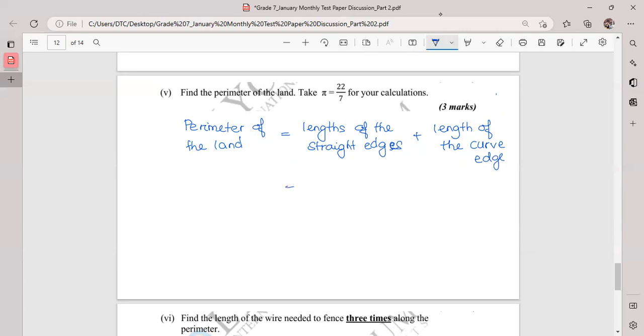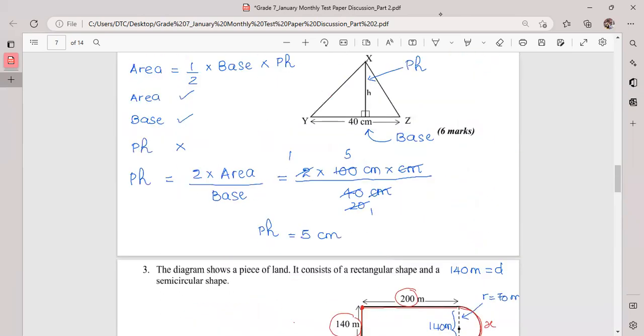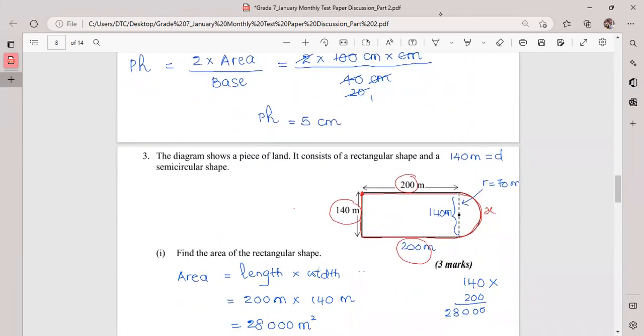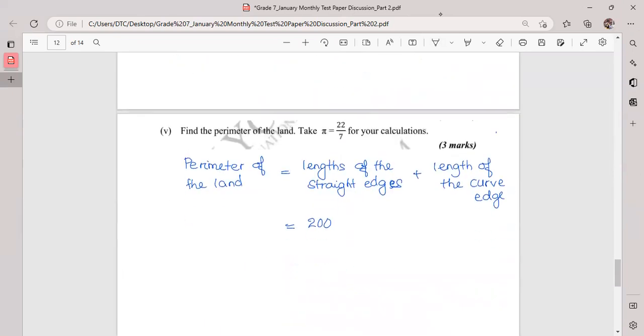So what are the straight edges? 200. If you can't remember, we'll look at the image again. So that is 200, 200, 140, right? First we'll add them. 200 plus 200 plus 140.